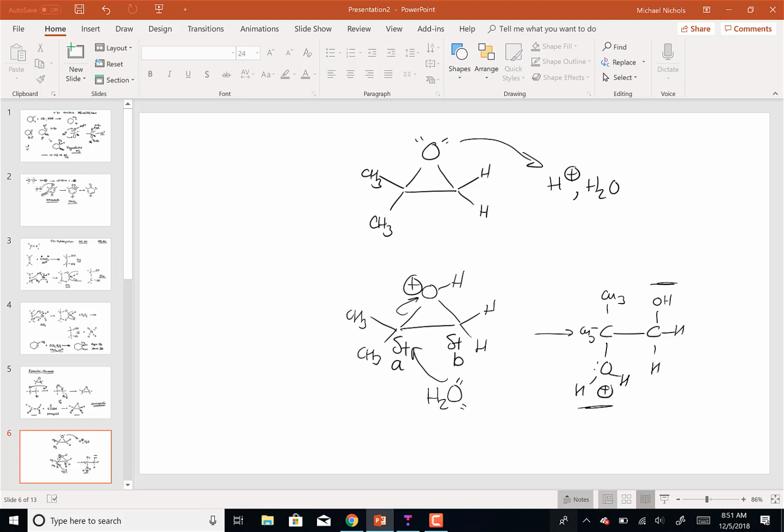I can add 2 OHs cis or I can add 2 OHs trans. But now I can think about all the other nucleophiles I could add to a protonated epoxide. Maybe I add HBr to it. Maybe I add H plus in an alcohol. And now I have the ability to have that OH and whatever other group trans.